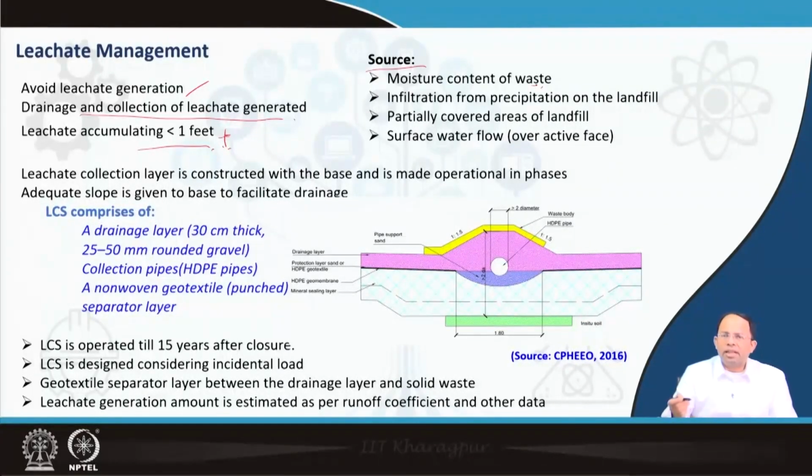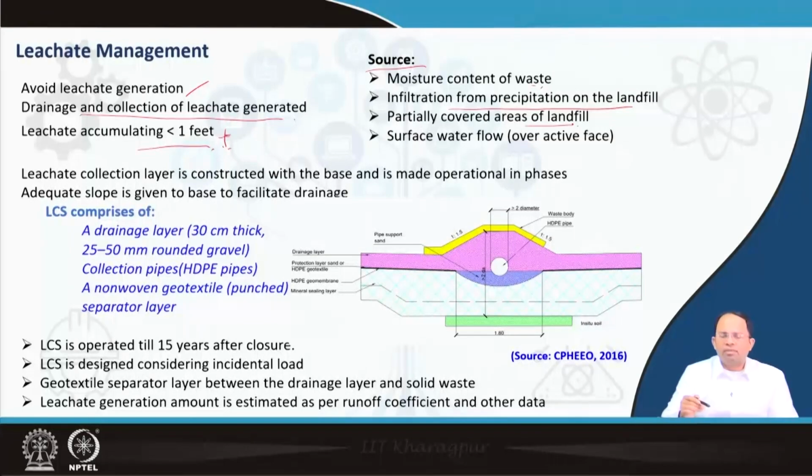Moisture content of waste, that is, the waste itself has got moisture, so this moisture may gradually travel down. Because we are pressing on the waste, it gets compacted, so moisture will obviously ooze out. Infiltration from precipitation on the landfill, so some amount of water will definitely get in. During the time the landfill is active, we are only giving intermediate covers or daily covers, so obviously water will come inside, and that generates leachate.